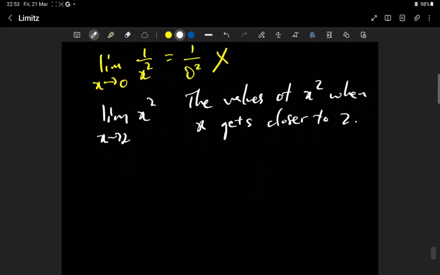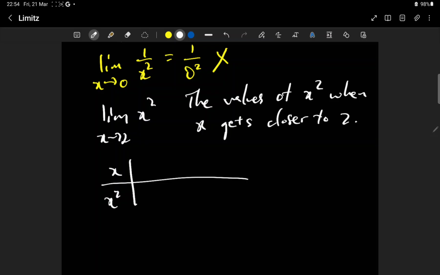So let's say you had a table with some values of x and x squared. Let's choose values which are closer to 2 but not 2.